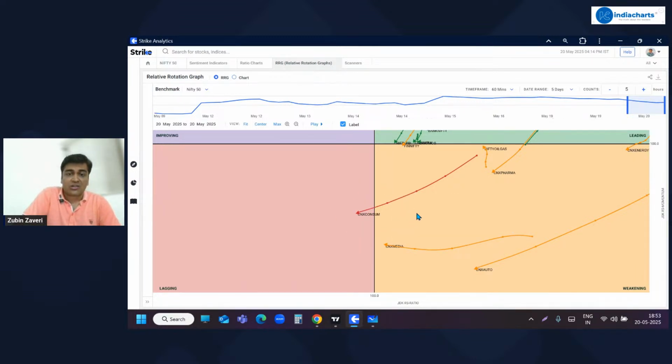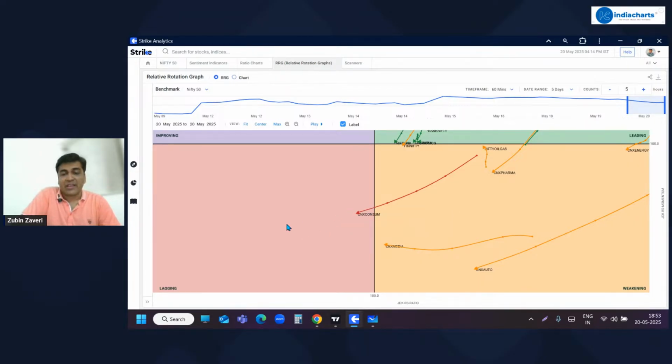On the weak ones, if you feel there is any bearish divergence on the particular stock, or it has hit a particular resistance level, there are various ways you can analyze the stock and decide the entry, target and stop loss.